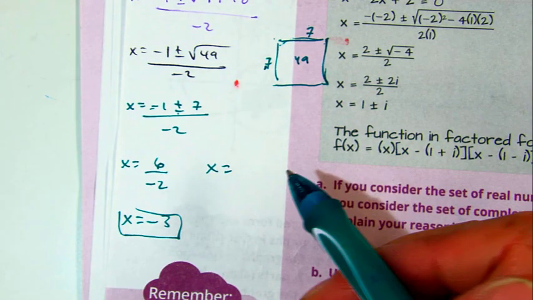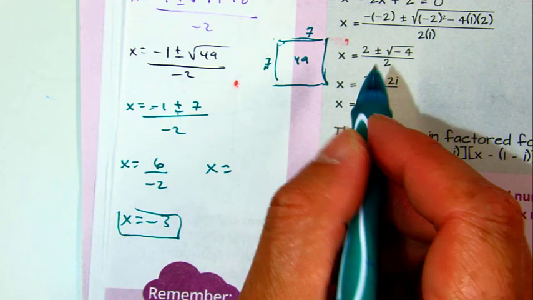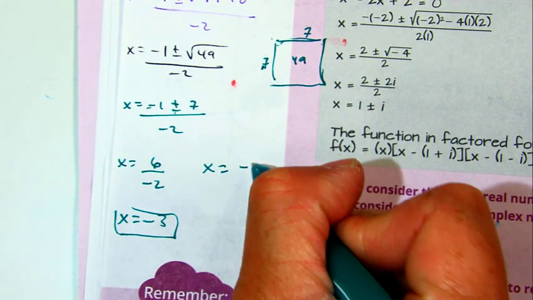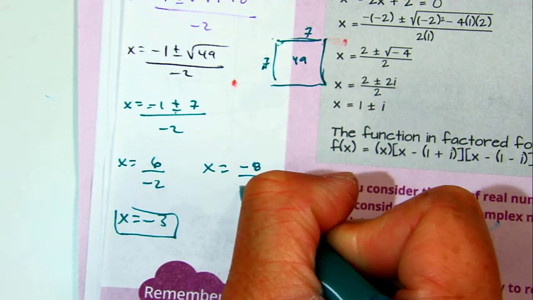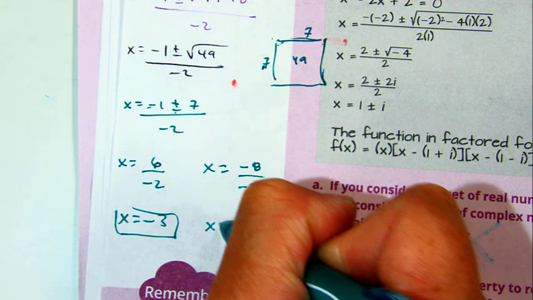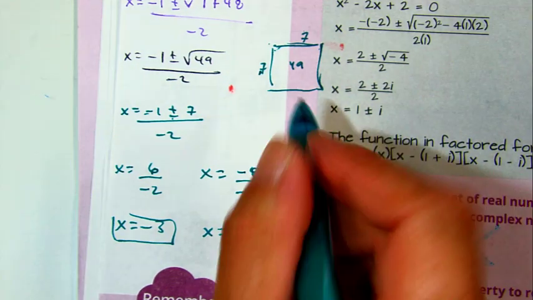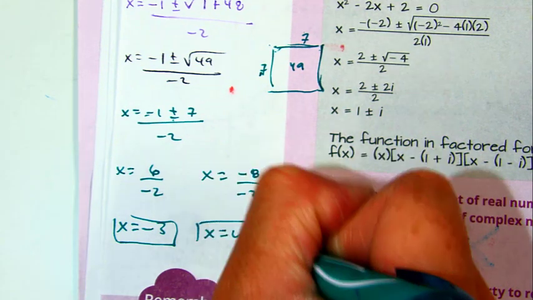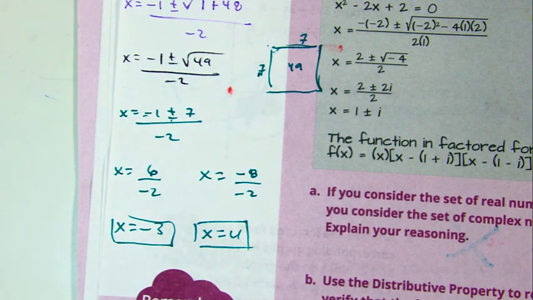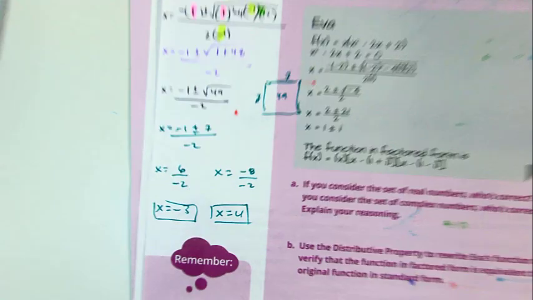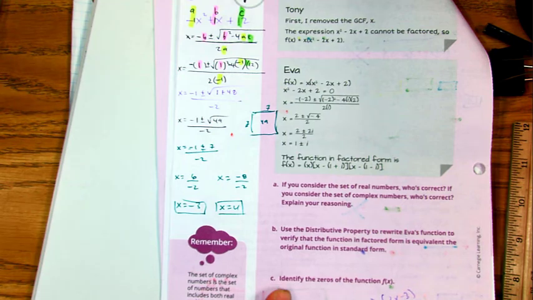Positive or negative? Negative, so -8. And what's -8 divided by -2? Okay, so we factored and we did a solving.